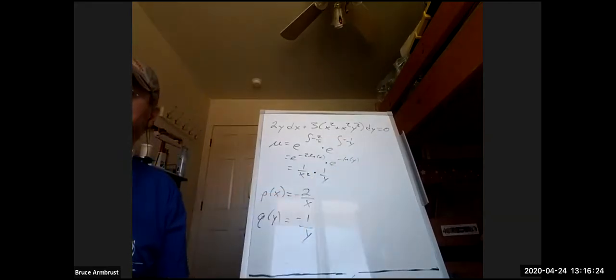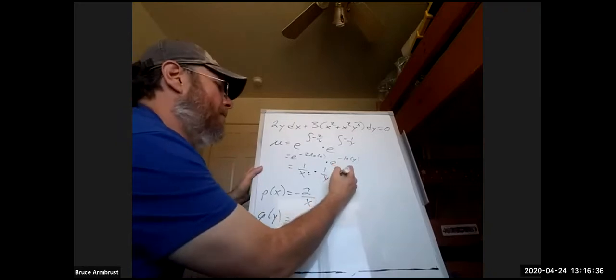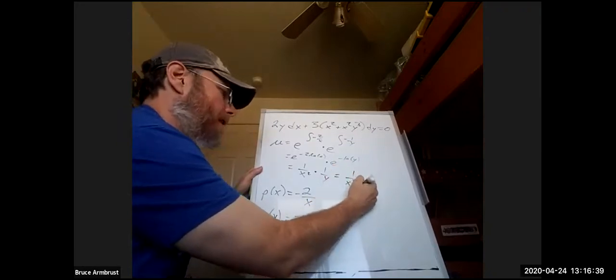Those negatives, remember that those are going to be powers. We can bring those in as exponents. So we'll have x to the minus 2 and y to the minus 1, so that then the e and the log cancel. So it looks like our mu is just 1 over x squared y.